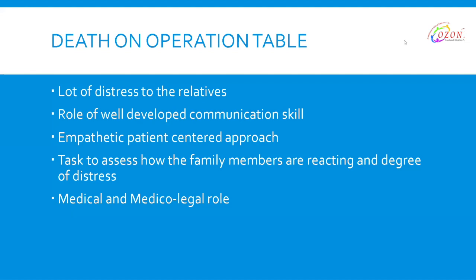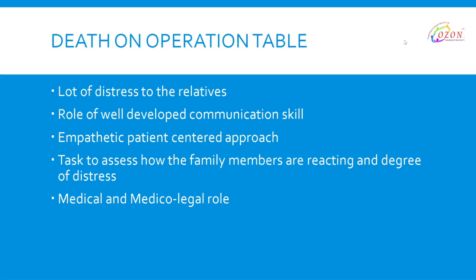Once you have broken that bad news, then you need to assess the situation, how the family members are reacting to that situation, how much the degree of distress is there, that need to be checked. And if some issues are there, that need to be tackled properly, because as you are aware, there are certain news in the news channel, newspaper, that the relatives have created a ruckus in the hospital.